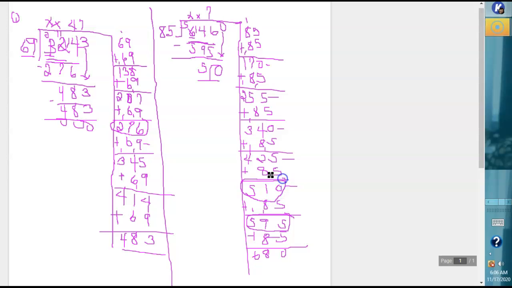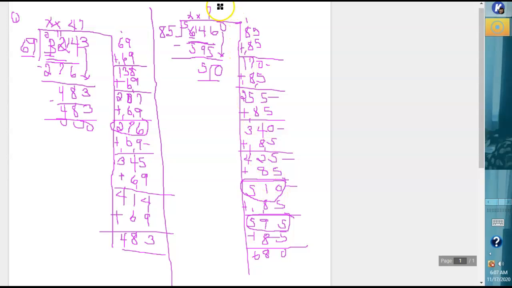Okay? Now count how many times we added 85 until I have 510. So 1, 2, 3, 4, 5, and 6. So I added 85 6 times and I got 510.